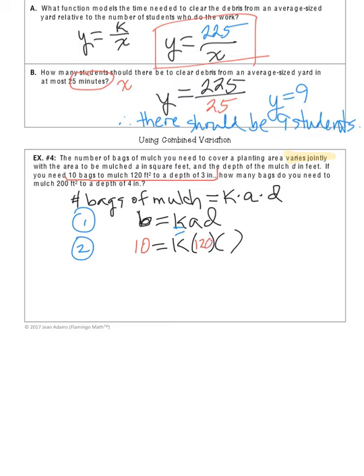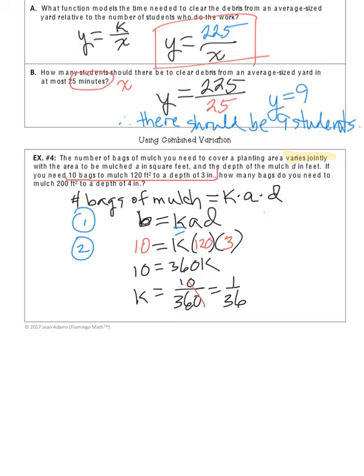I'm going to squeeze that in there, to a depth D of 3 inches. So I'm going to solve that. So I have 10 is equal to 360K. I'm going to divide both sides by 360. So I get 10 over 360, which reduces to my K is going to be 1 over 36. So my K is a fraction.